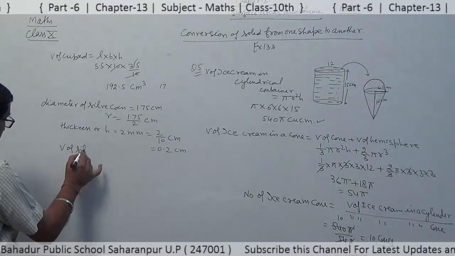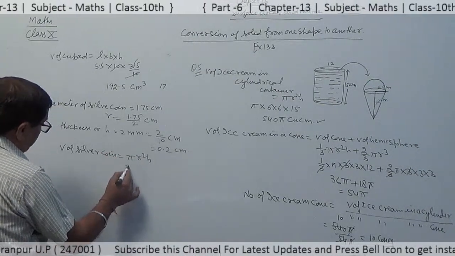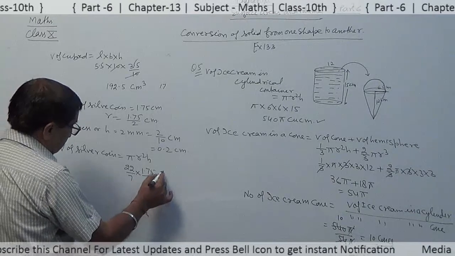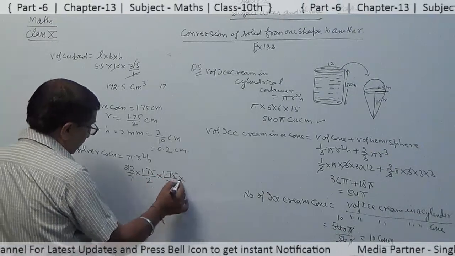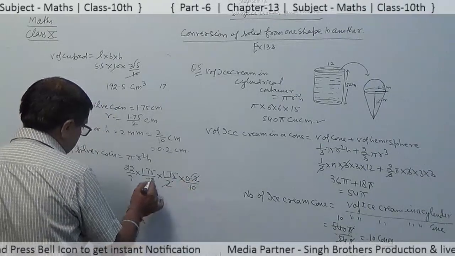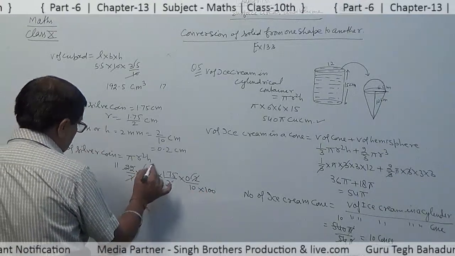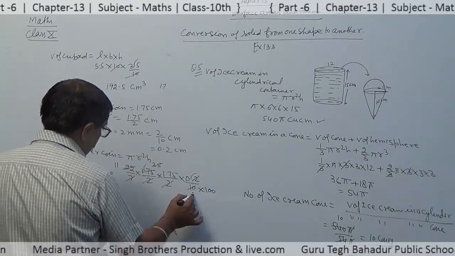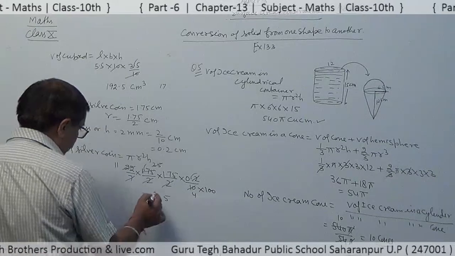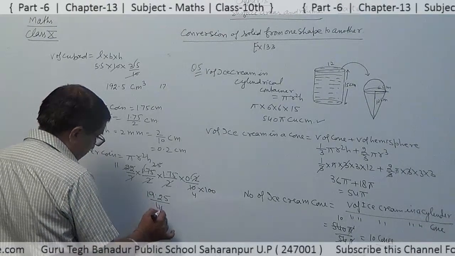Volume of silver coin is pi r square h, 22 upon 7, 1.75 upon 2, and height is 0.2. Removing decimals, cancelling, we get 19.25 upon 400.